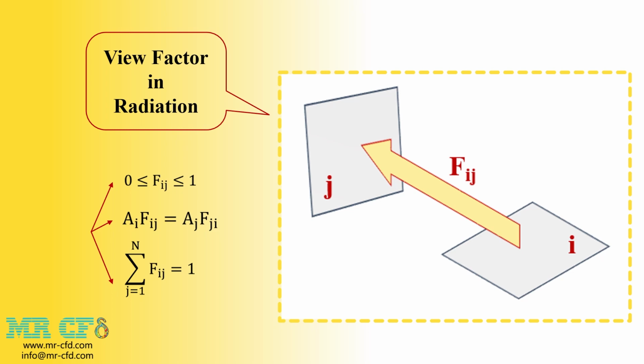First, there is the reciprocity law, which states that AiFij is equal to AjFji, and second, there is the summation law, which states that the sum of view factors in a closed space is equal to 1. In other words, if we have a completely closed surface, all the energy produced by the surfaces collide with each other.